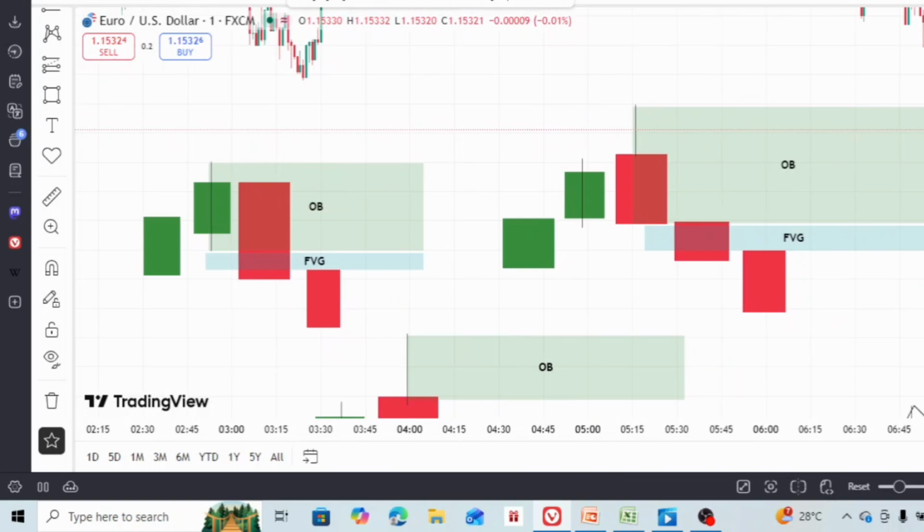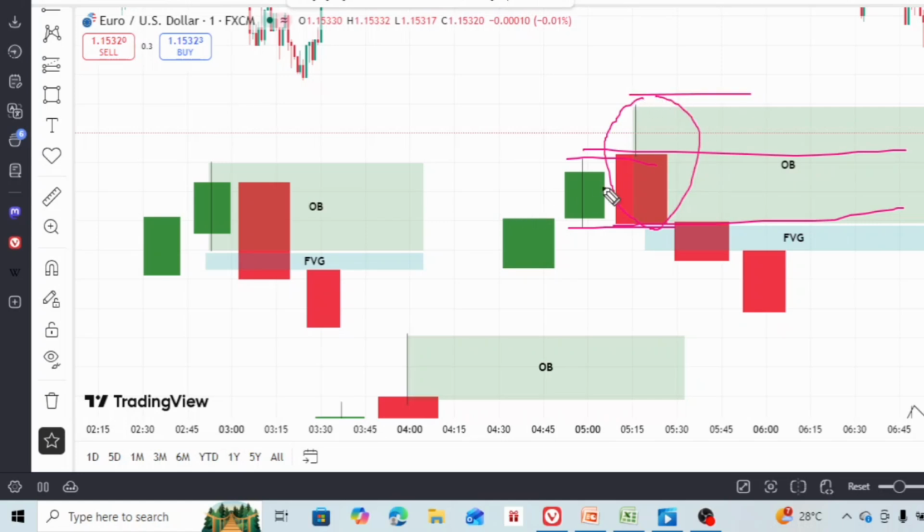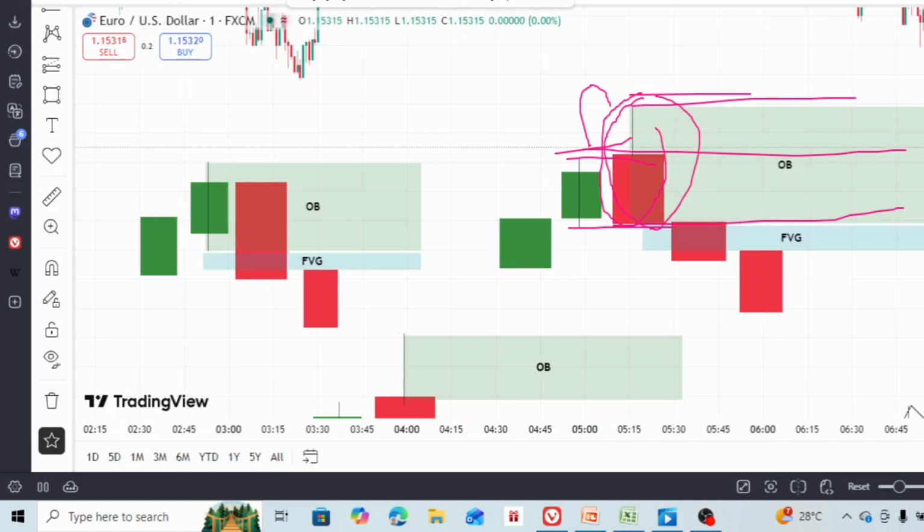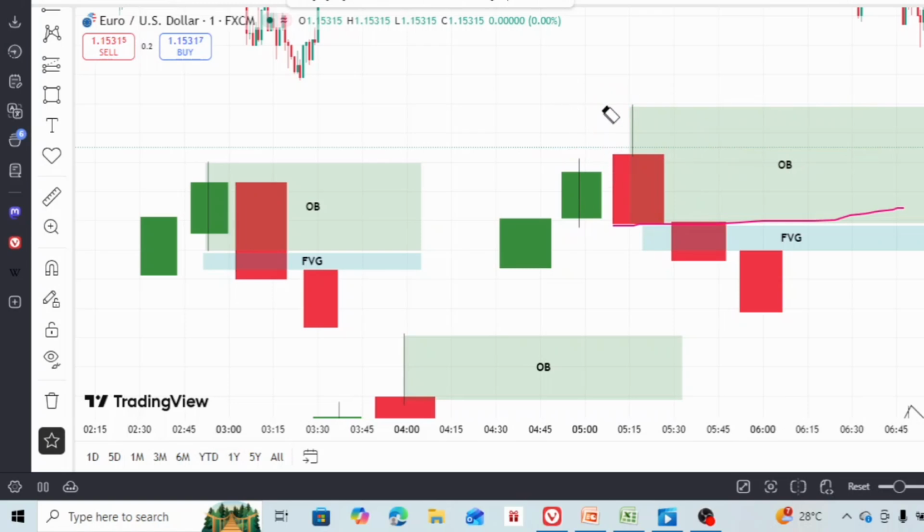According to the theory, this bullish candle should be the order block, but to be more effective, we can take this bearish candle as the order block, because this has become our major candle and the liquidity has been shifted. It is better to take the major candle as the order block, as we also have the fair value gap, right above the fair value gap.